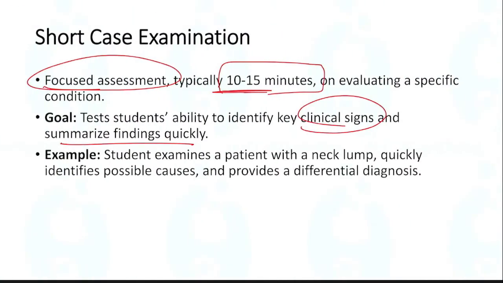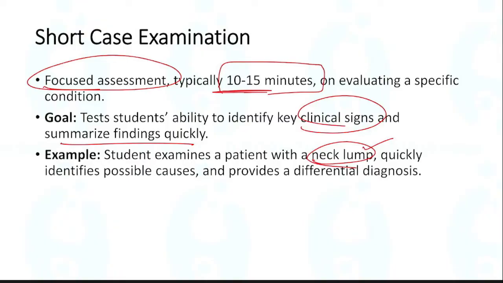For example, it can be a neck lump examination. The focus has to be on the neck lump only. The examination of the neck lump, its consistency, mobility, and all the different procedures of the examination have to be followed. They can even identify whether it is a thyroid nodule, a lymph node, or any other mass.